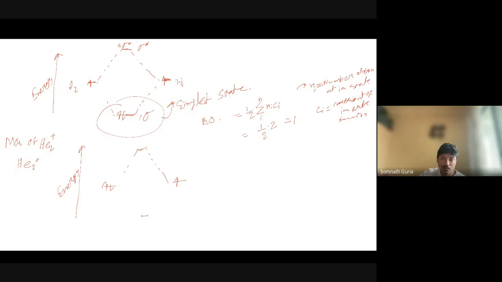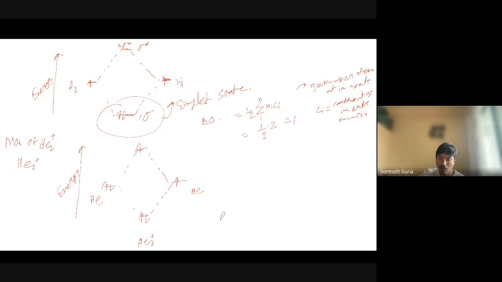Okay, so how will the electron distribution be? We have a helium, we have also a helium, and first of all we fill the first orbital with 2 electrons. This is called He2 plus, right?